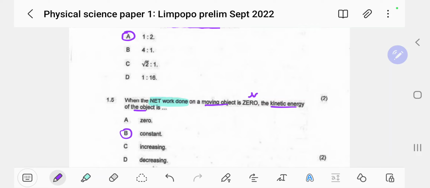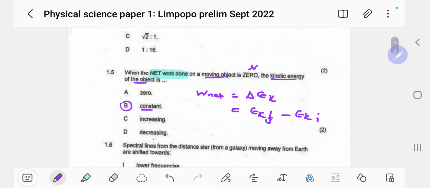You have to think about it. We know that our net work done is equal to the change in EK of an object. Now change is basically the EK final minus EK initial, right? So if this is 0, it means these two are equal. And when these two are equal, that means it is constant.